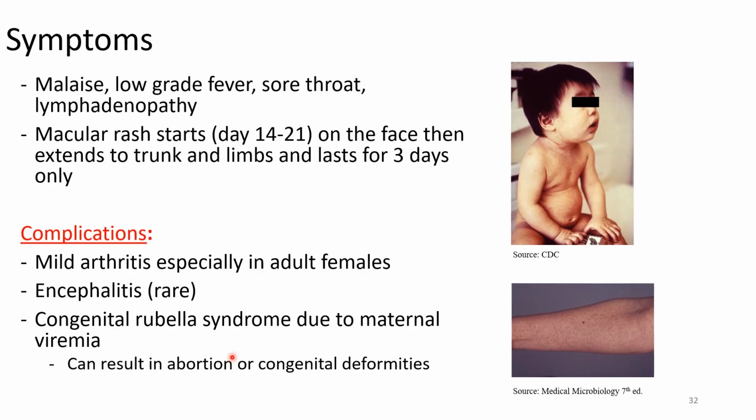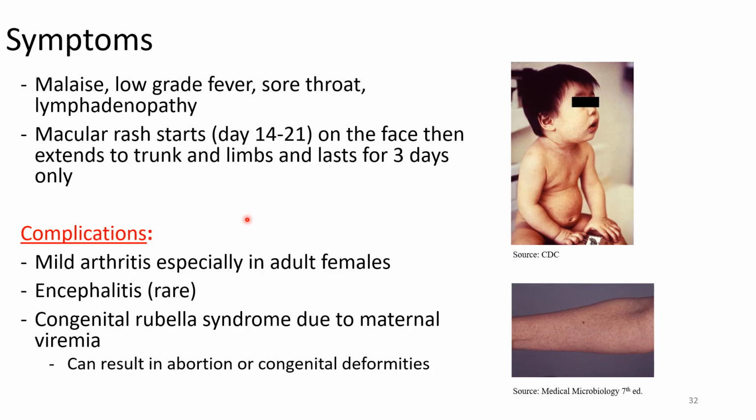This is why usually pregnant women are asked to do an antibody test for rubella to see if they were exposed. And if not, again, they can get the vaccine, and also they should be careful approaching children who have not been vaccinated to avoid getting the infection.